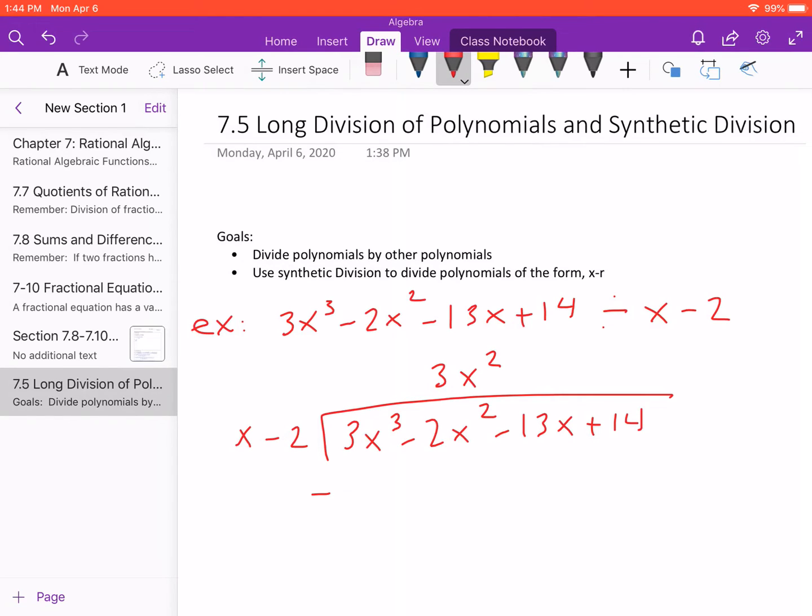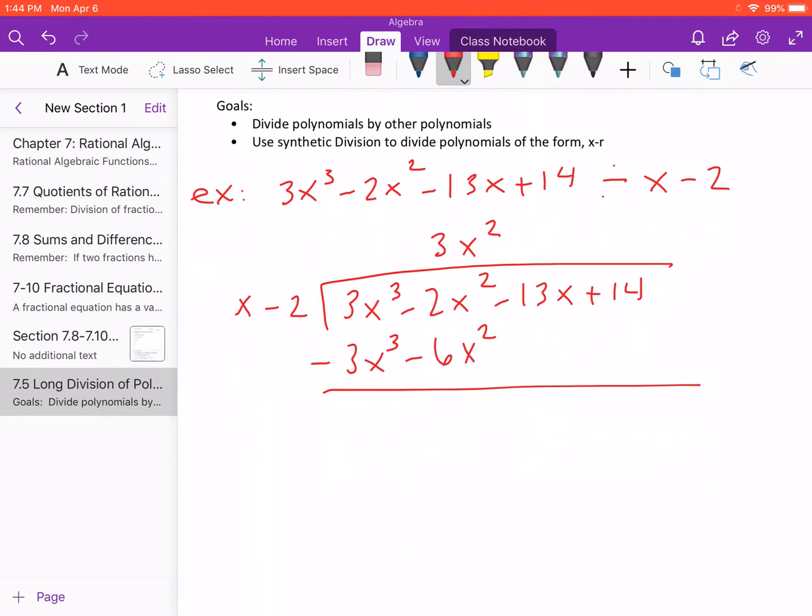After I multiply, 3x cubed minus 6x squared. I'm going to go ahead and perform that subtraction, and I have 4x squared. And I'm going to bring down the rest of my problem from here. So when I bring that down, I have negative 13x plus 14. And we're going to continue.